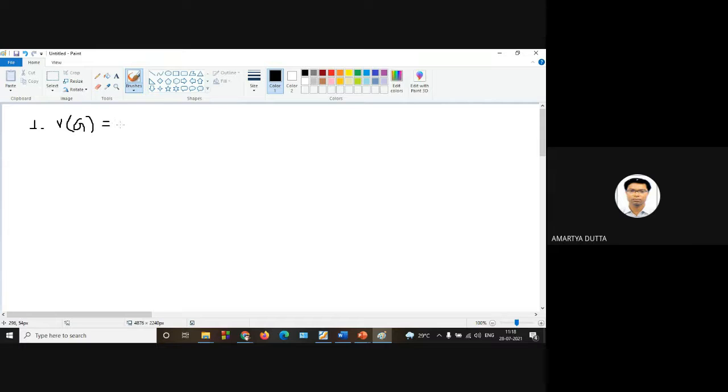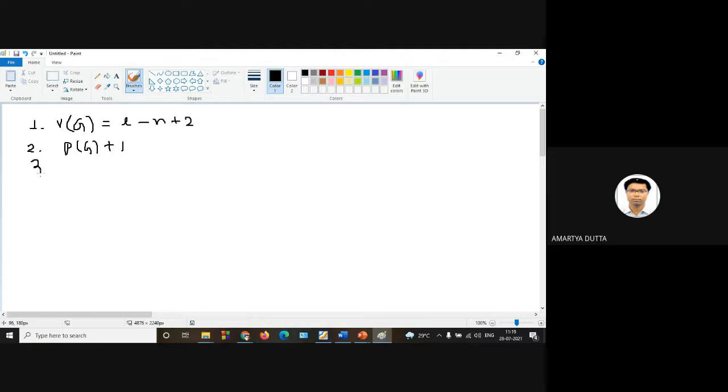will be E minus N plus 2. This is the first formula. Your second formula is the number of predicate nodes of the graph plus 1.